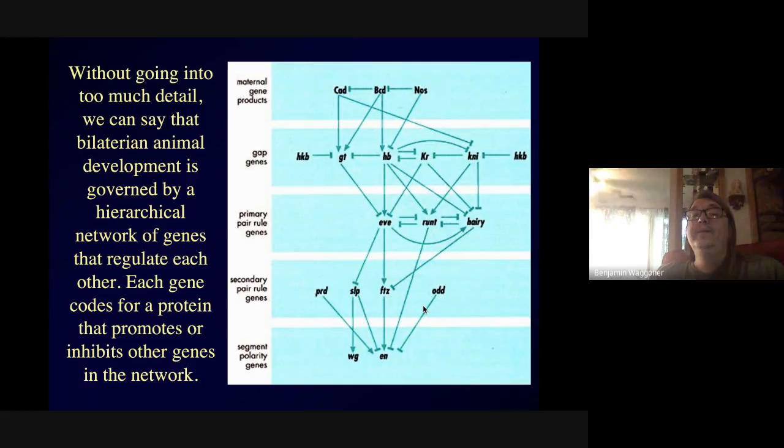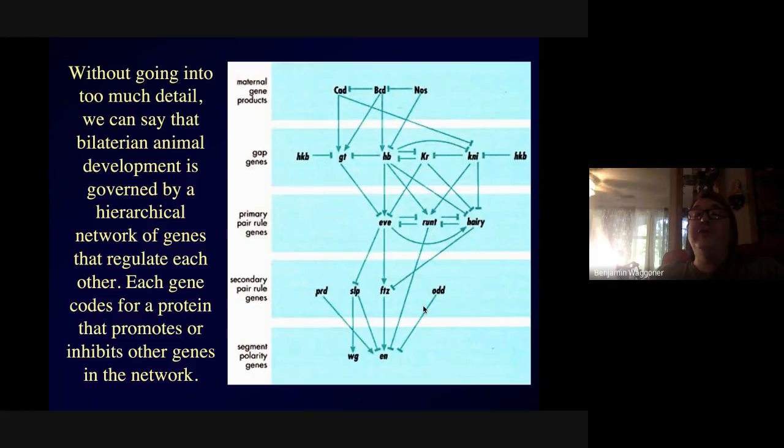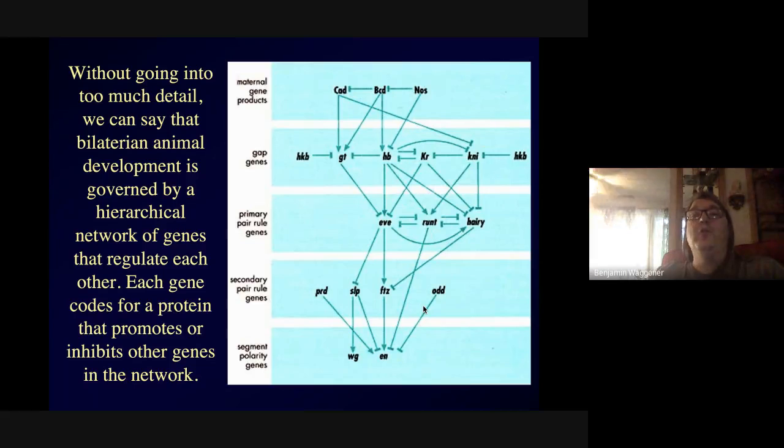And mutations in things like the bicoid protein up at the level of maternal gene products, an egg with faulty bicoid protein will actually develop tails at either end. Mutations in genes that are lower in the hierarchy can result in too many segments or not enough segments or segments forming backwards or something like that.